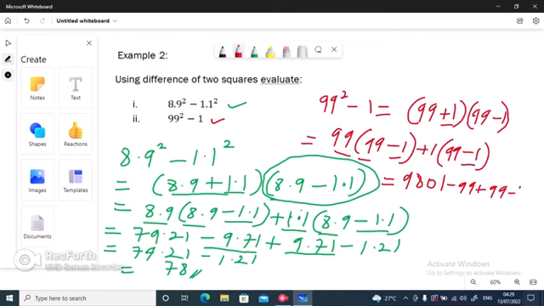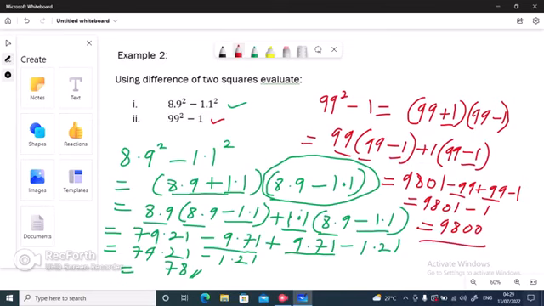Then 1 again times minus 1, we are left with minus 1. So which is equals to 9,801. Minus 99 plus 99 is 0, so I am left with minus 1. So our answer here will be 9,801 minus 1, you are left with 9,800.